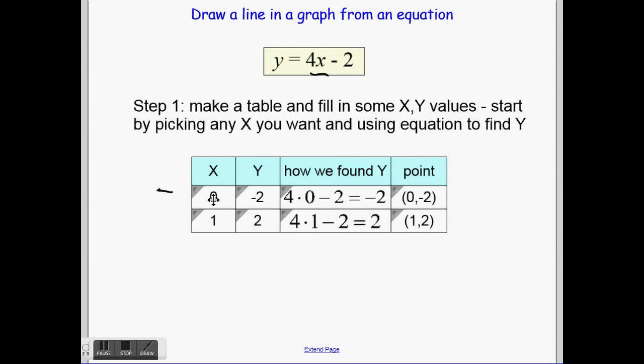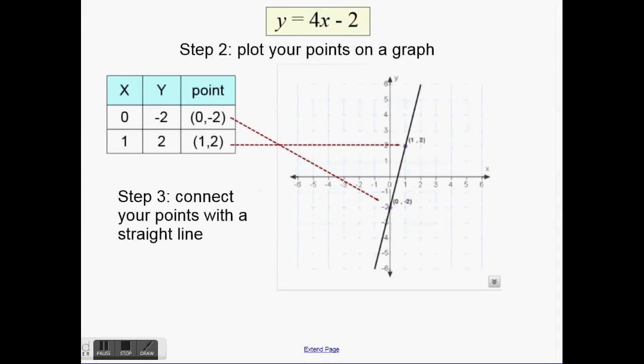Okay. So, once we have our points, we can plot them on our graph. I have it done here. I know it's hard to see, but this is 0, negative 2. This is 1, 2. I just put those 2 points and then I draw a line through them. You don't want to just connect the dots.